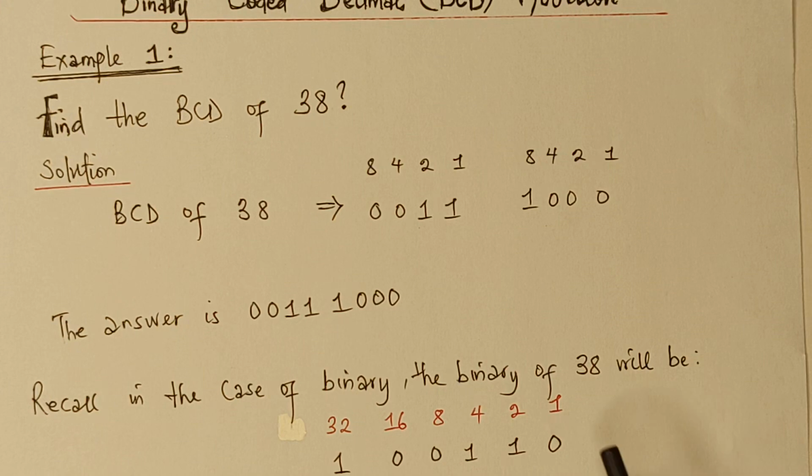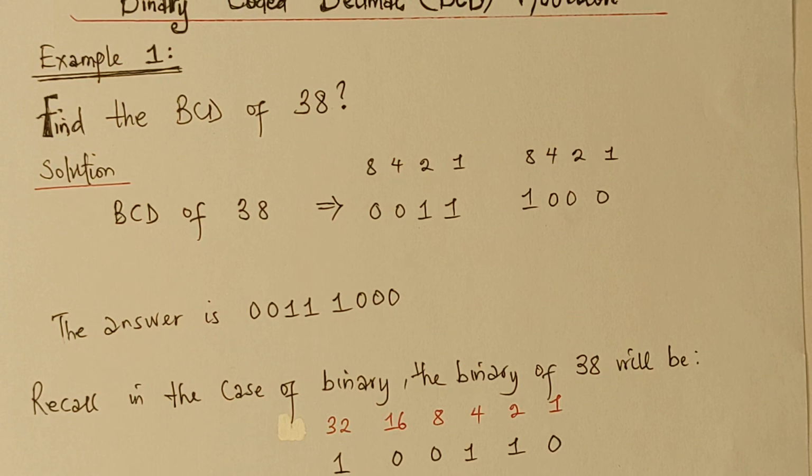And with that, I'm spreading out these values, which range from 1 to 32, gotten from the value of 2 raised to power 0 to 2 raised to power 5. Now, with that, you can simply tell that the number of bits that should represent 38 will be 6 bits. How do I know? 1, 2, 3, 4, 5, 6. That is 2 raised to power 0, 2 raised to power 1, 2 raised to power 2, 2 raised to power 3, 2 raised to power 4, 2 raised to power 5. We've simplified to this format.